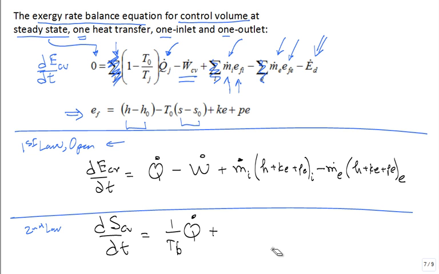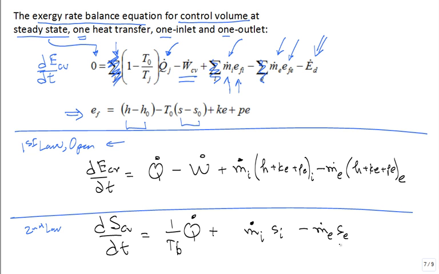Does it flow with the mass? Mass flow rate in. If I have some inflow of mass, does it bring along some entropy? And is it a lowercase s in? Or is it maybe s in plus ke in plus pe in? No, just this. Why make life harder than it is? Minus the mass flow rate exit, entropy exit.